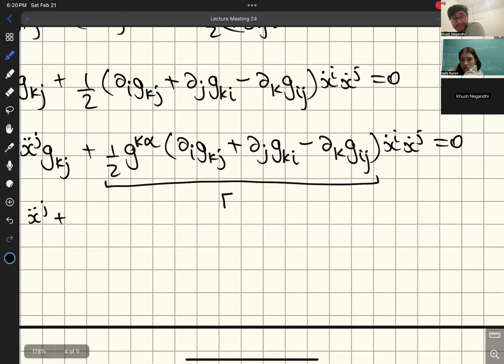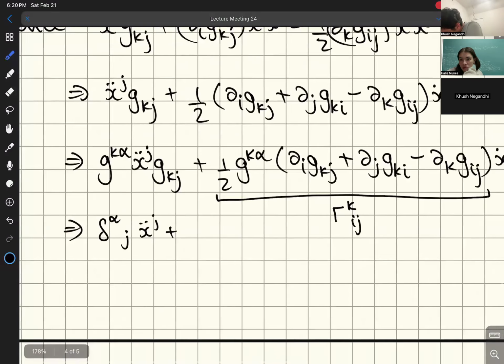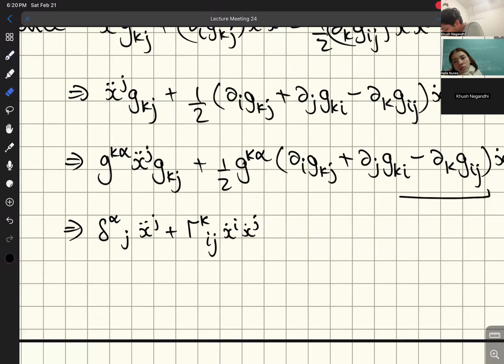I'll call it gamma, gamma^alpha_kij, which gets me gamma x dot i x dot j equals 0.